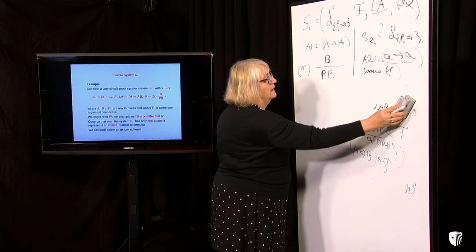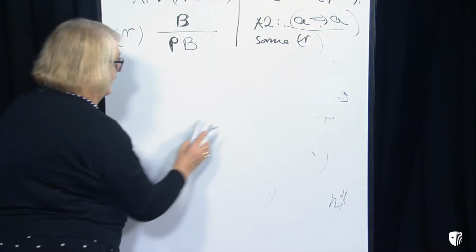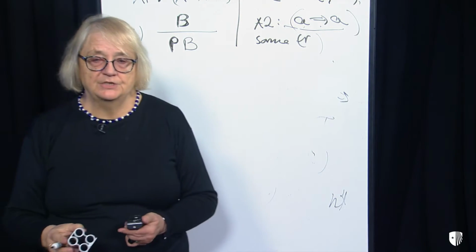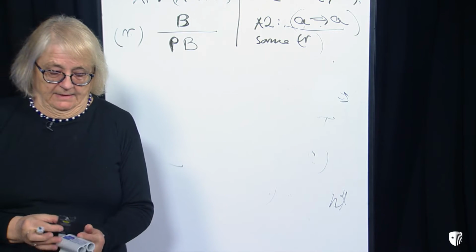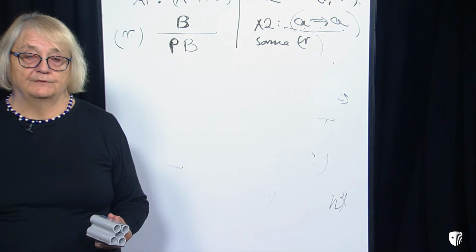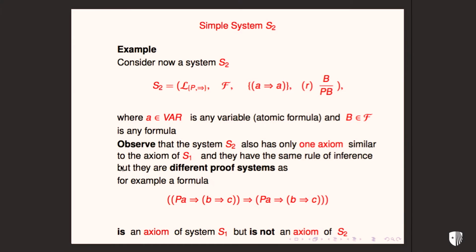So I gave you those definitions on the slides, just to remind you of that. And I say, observe that the system S2 has also only one axiom, similar to the axiom of S1, and they have the same rule of inference.